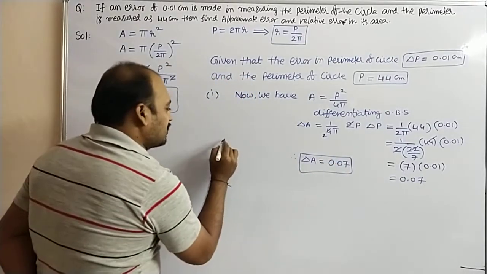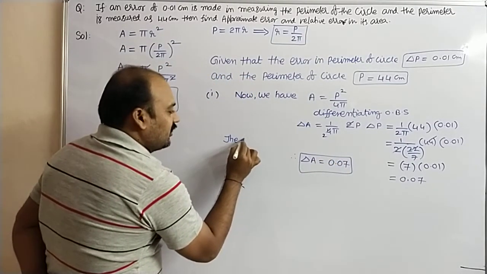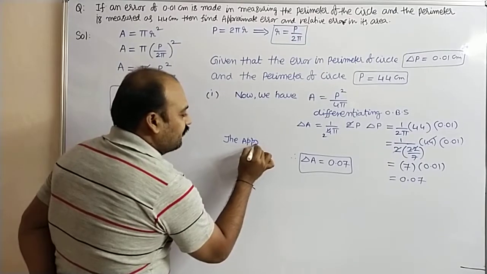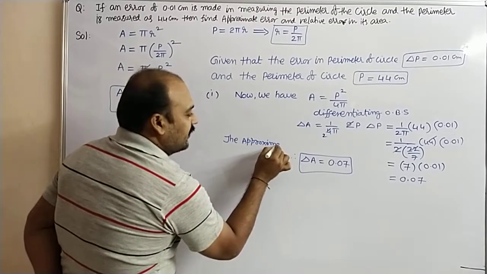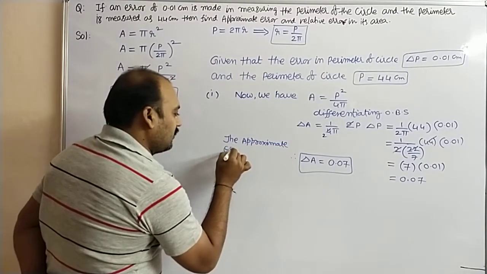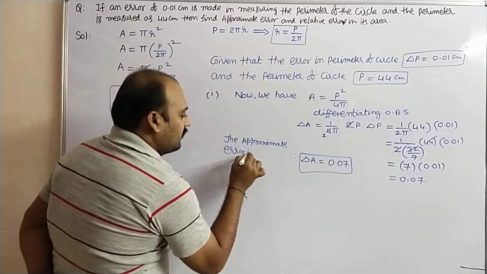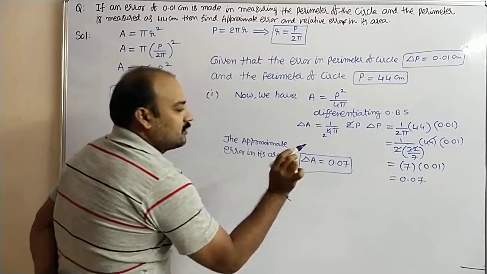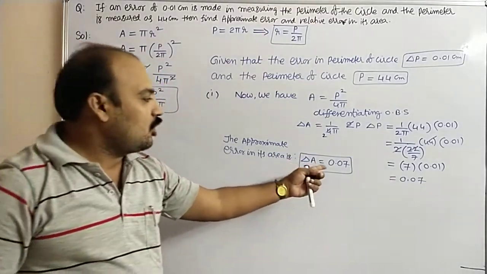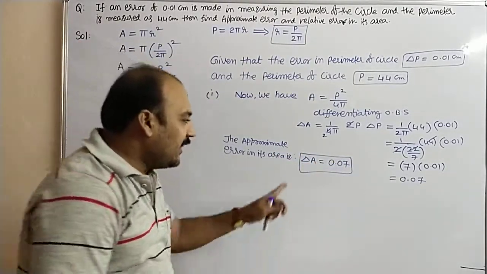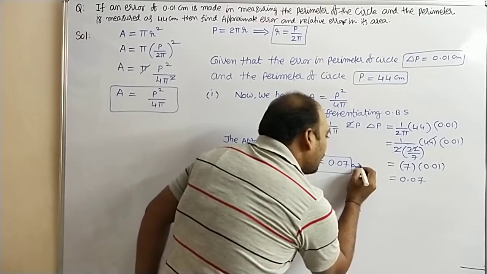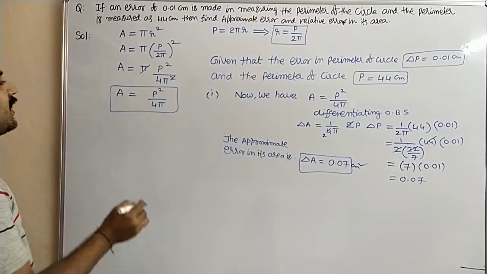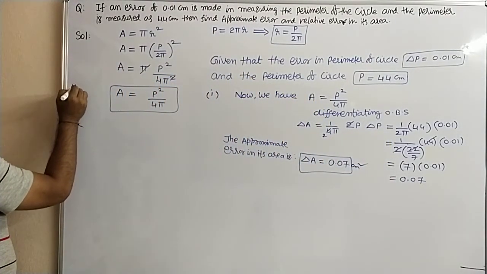The approximate error in its area is delta A is equal to 0.07. Area means centimeter square.